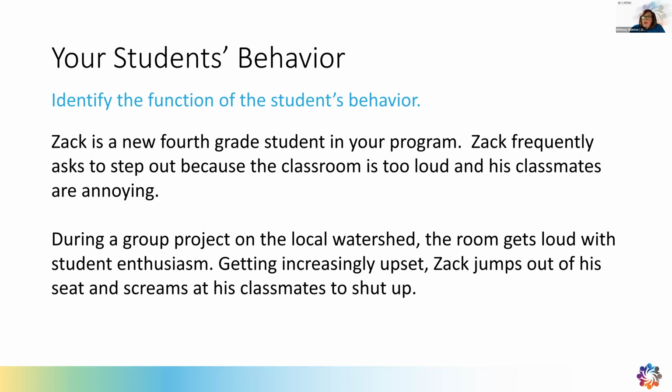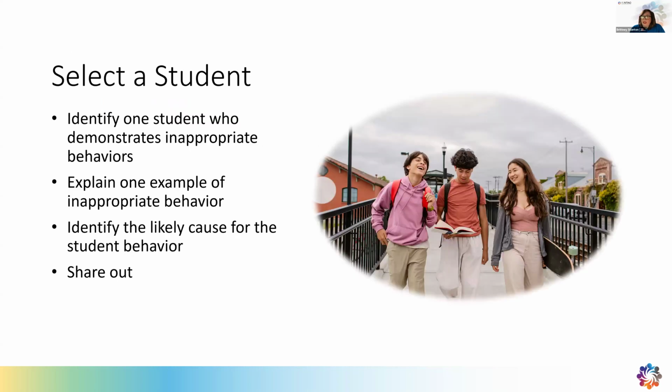So now that we've talked a little bit through these examples, you're going to have an opportunity to do this for yourself. For a few minutes, we're going to be in breakout rooms. In your breakout rooms, we want you to think about a student that you work with in your own program.